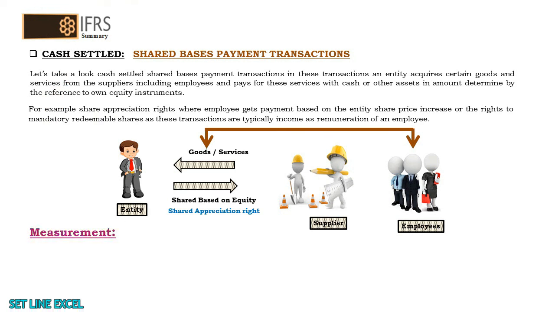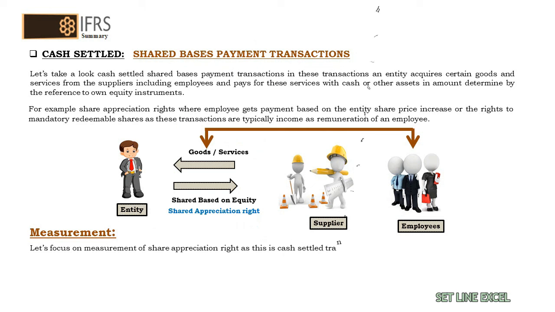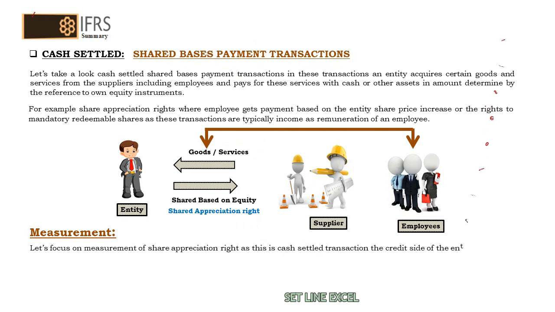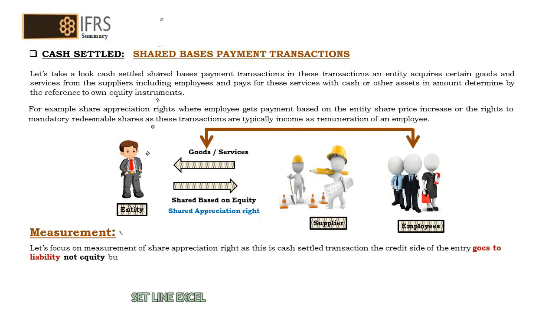Measurement. Let's focus on the measurement of share appreciation rights, as this is a cash settled transaction. The credit side of the entry goes to liability, not equity, and we measure that liability at fair value.